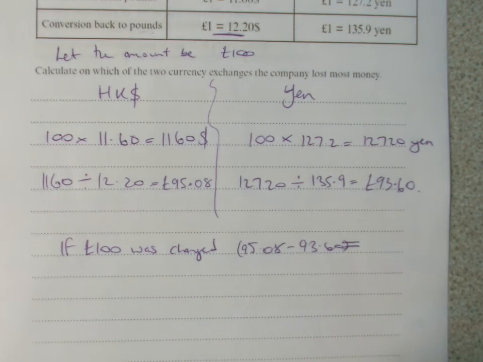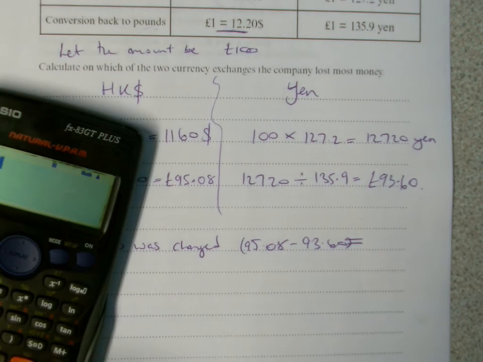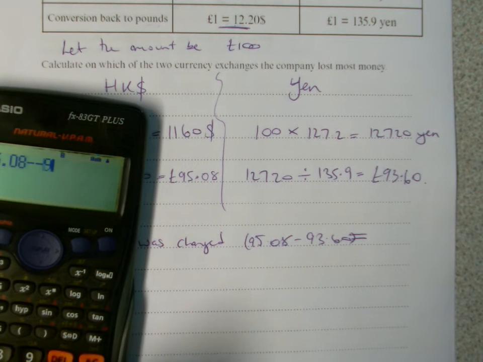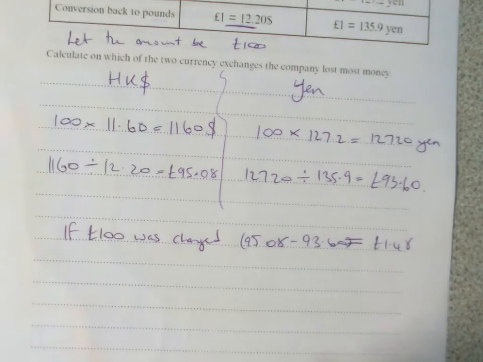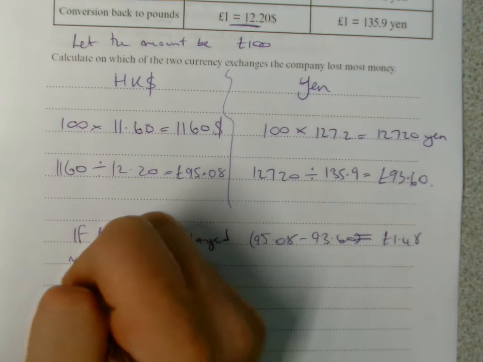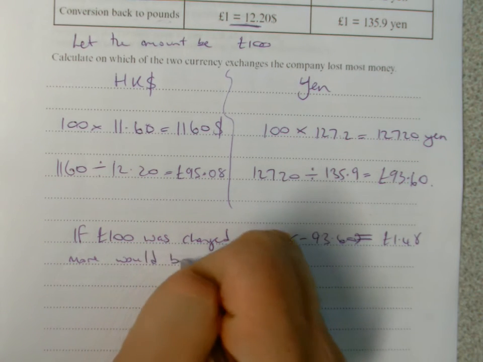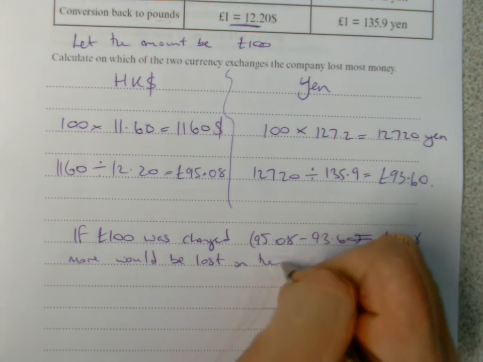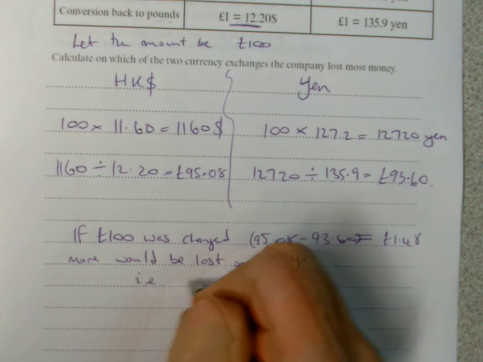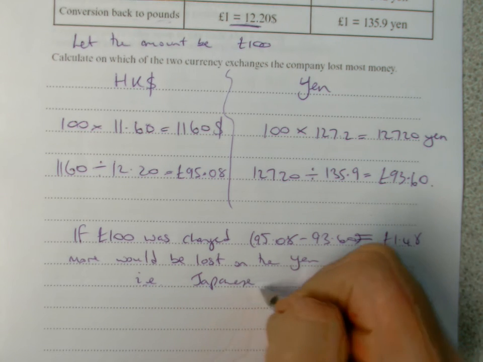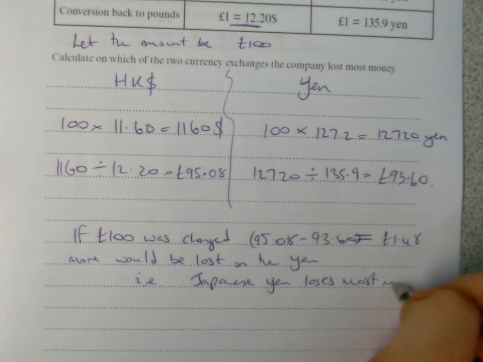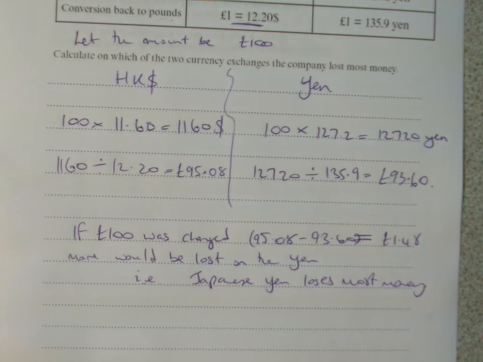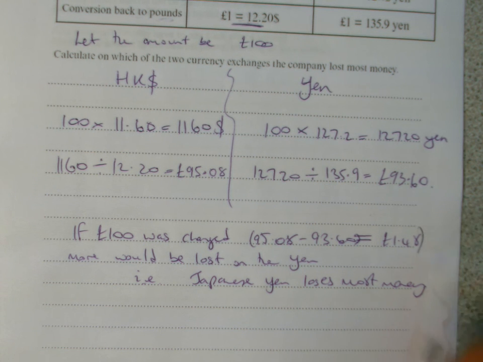Let's work that out. £1.48, okay, more would be lost on the yen, i.e. Japanese yen loses most money. Okay, so that sort of explanation is going to help you to get the full marks there.